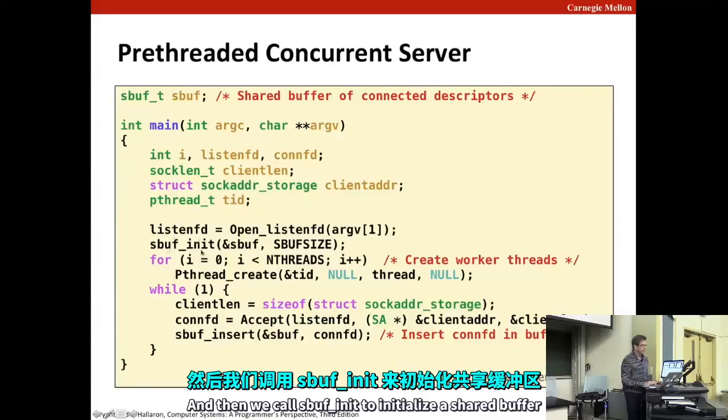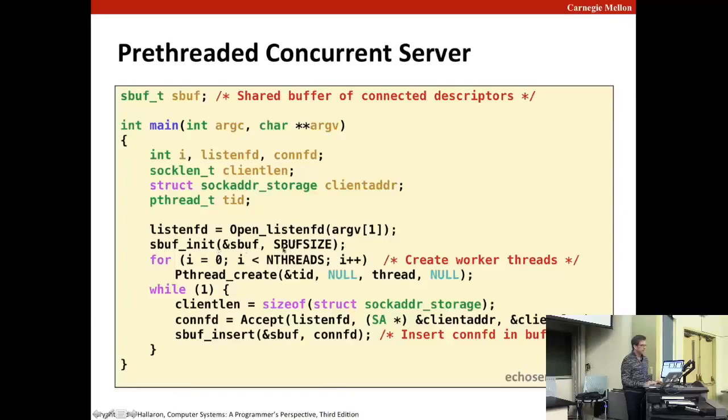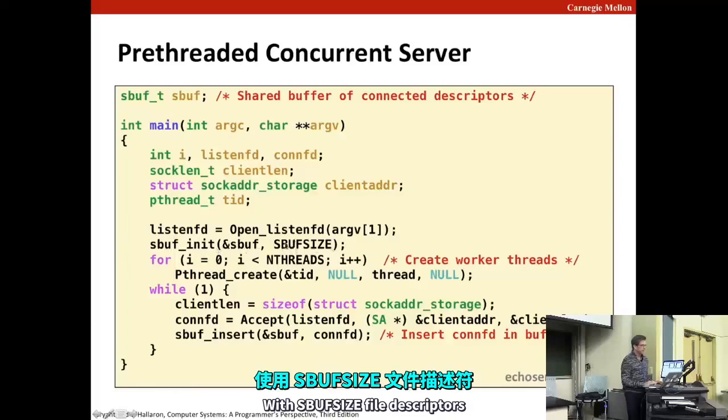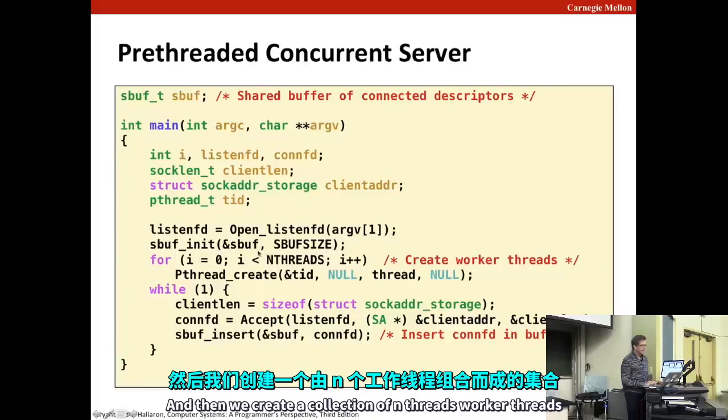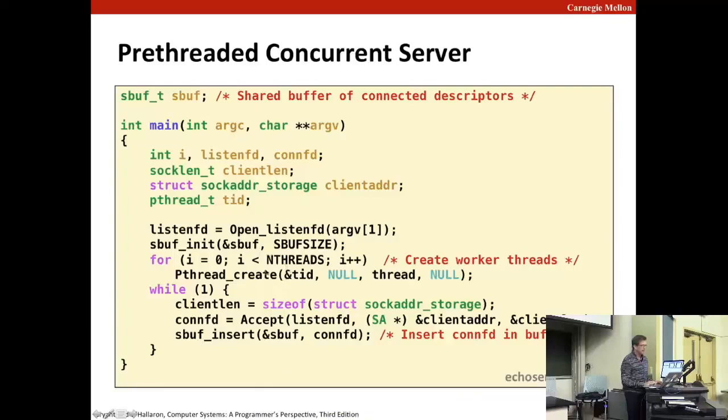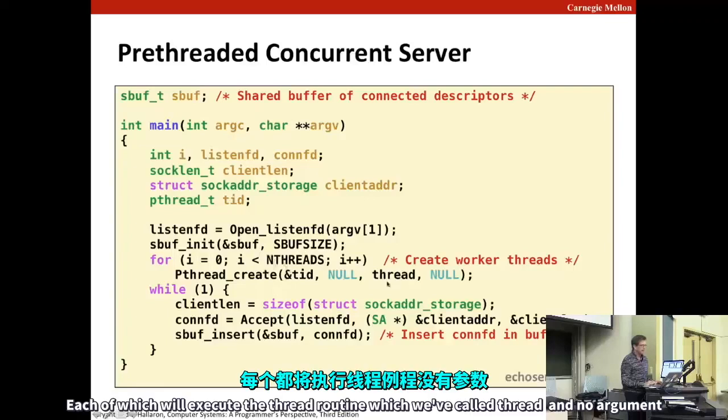Then we call sbuf_init to initialize our shared buffer with SBUFSIZE file descriptors. And then we create a collection of NTHREADS worker threads, each of which will execute the thread routine, which we've called thread, with no argument.